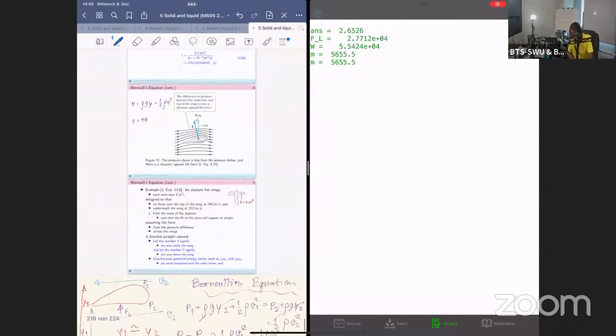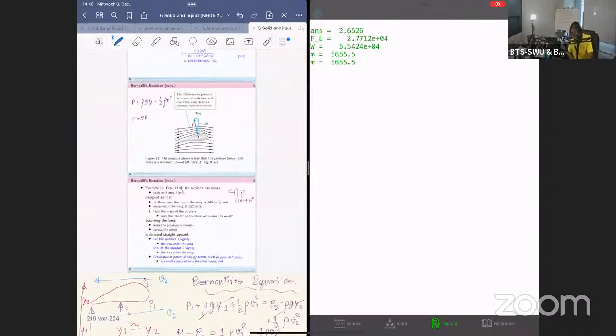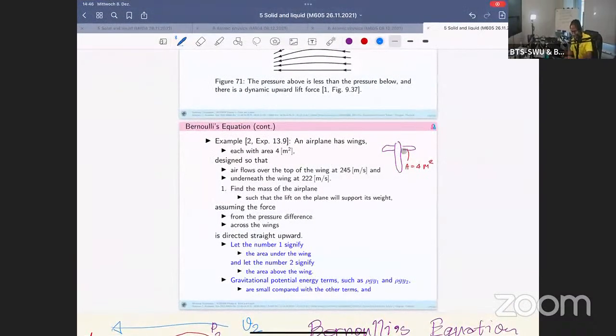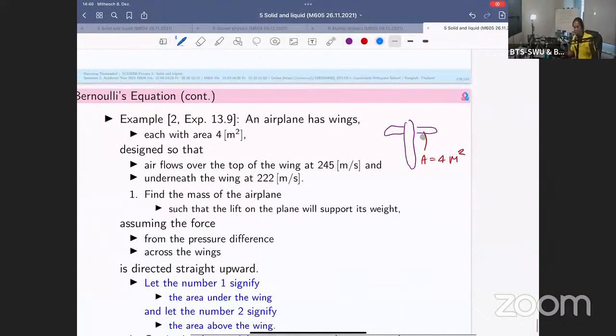When we have a problem about the airplane, when we calculate the lift force and the aircraft has 2 wings, we have to multiply the amount of lift force by 2, and we make it equal to the mass or the weight of this airplane, and we get the mass.